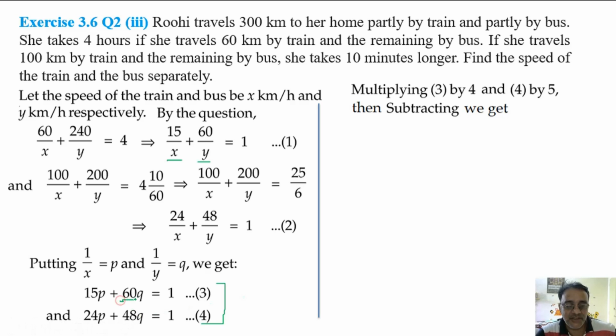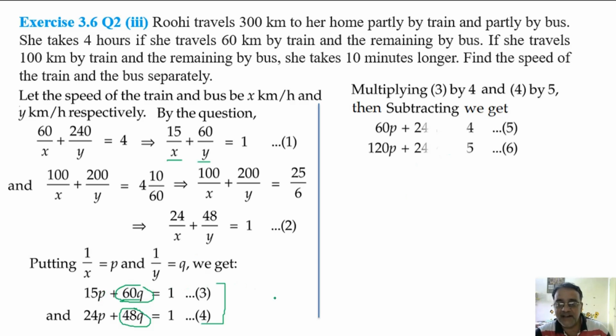Yes, sir. Then both of these will become 240. I want to make the coefficient of q the same. So what we will get? 60p plus 240q is equal to 4. 120p plus 240q is equal to 5. Let these be equations number 5 and 6.